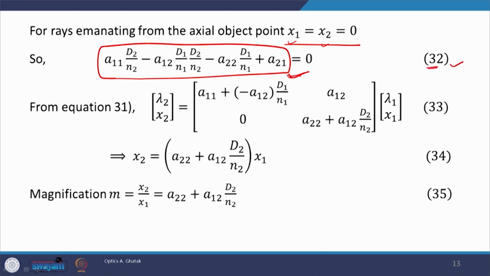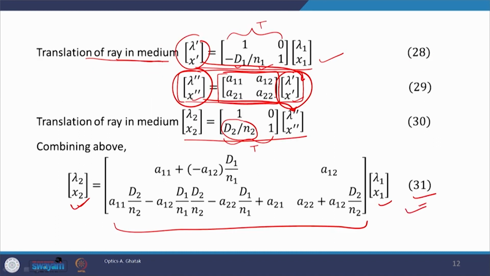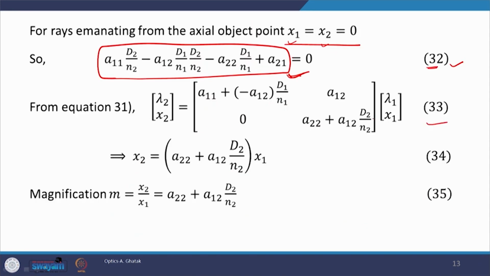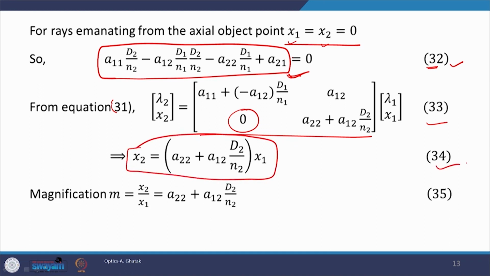In equation 31, which is our master equation, this term would be equal to 0. Here this term is 0 now. We will again expand equation 32 to get an expression of x2, and this will lead to equation number 34.